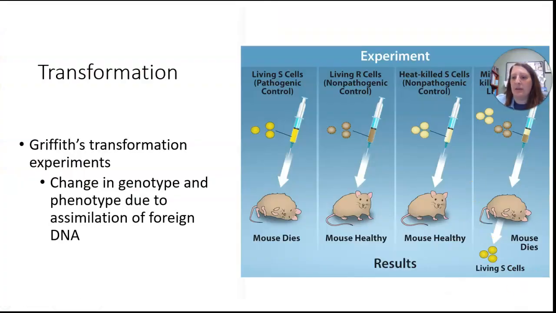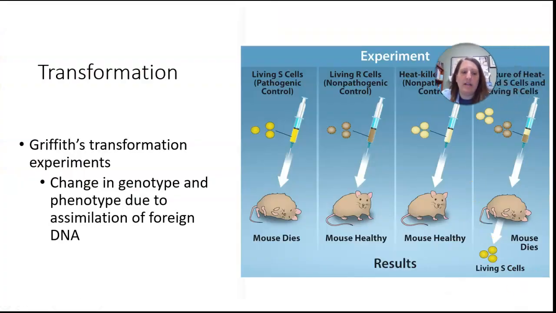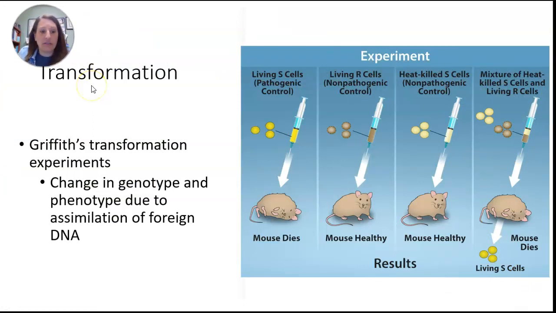So here's the experiment. Okay, and again, we call these transformation experiments. And so let me walk you through this. So starting all the way over here on the left, if Griffith took pathogenic Streptococcus pneumoniae, so the smooth or S strain, and he injected those into mice, and he comes back a few days later, he's going to find that the mouse has died.